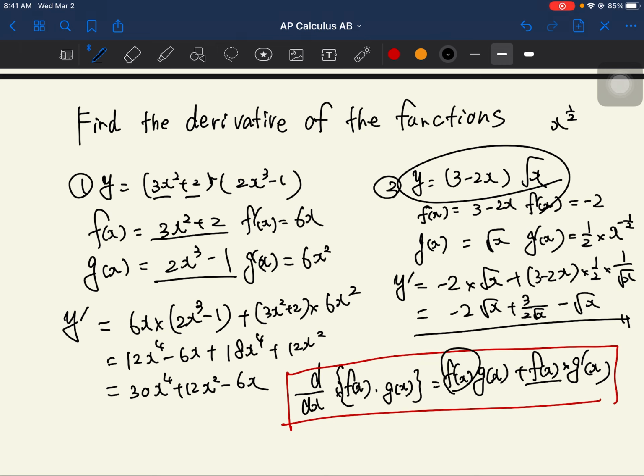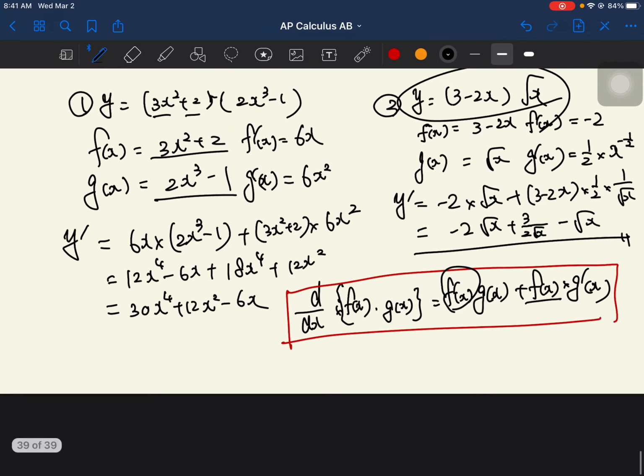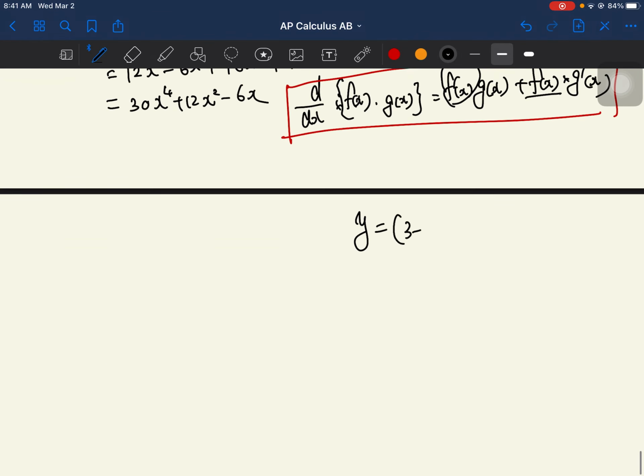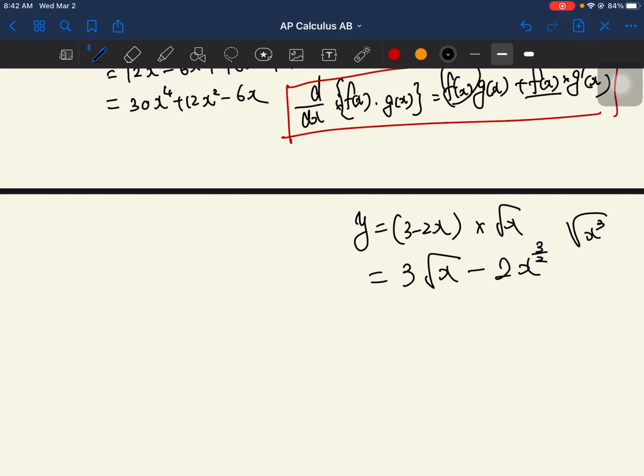Let me solve this question without using the product rule. y equals 3 negative 2x times square root of x. Let me just expand it first. 3 square root of x negative 2x to the power of 3 over 2, because x times square root of x is square root of x cubed.